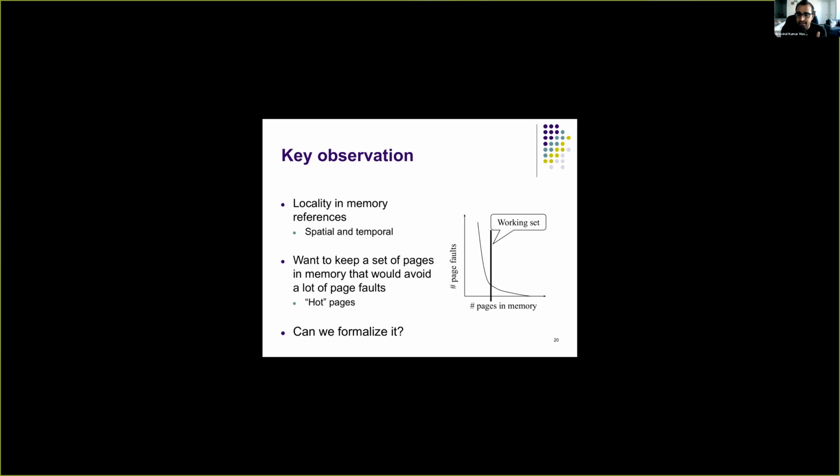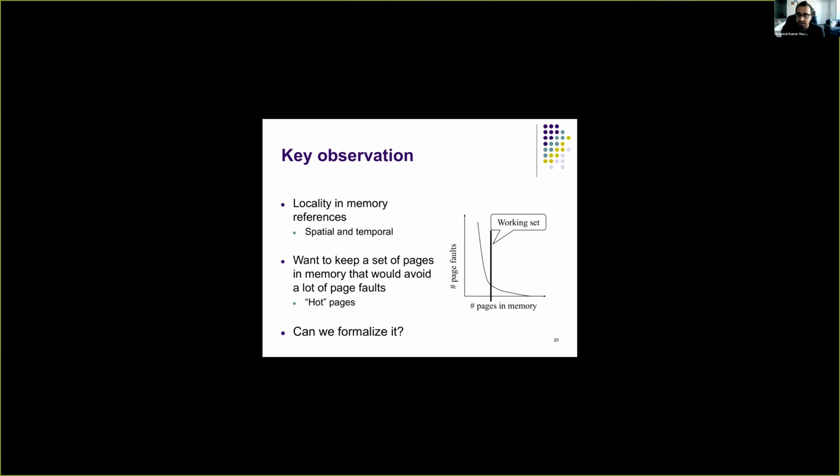And as we keep on increasing the number of pages for the process, the page fault rate decreases. We want to capture the optimal number of pages that are needed by a process that will decrease the page faults. Okay. So this number of pages is what we call the working set.